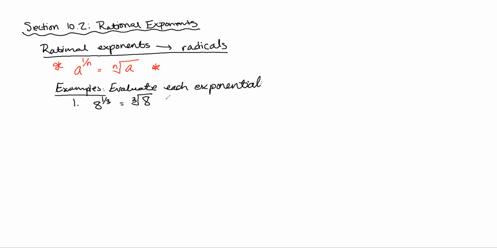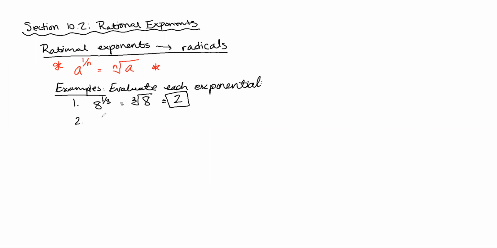If we evaluate, we want to take the cube root of 8. This is saying what number times itself 3 times gives us 8? Well, 2 times 2 times 2 is 8. So the answer is 2. So that's how we're going to evaluate these. We're going to go to radicals and then reduce from there.